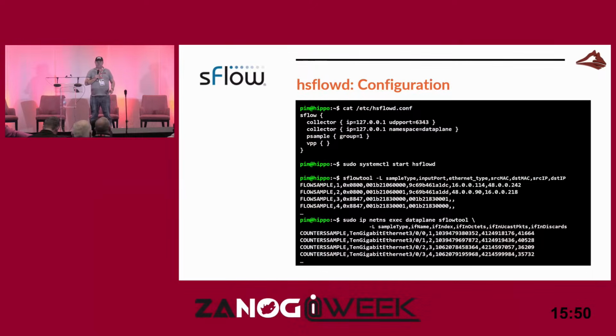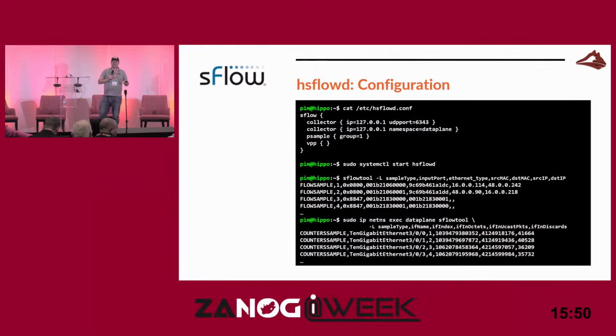So then the sFlow D, that's the third component here that we have to configure, is the daemon that runs just on the Linux side. And I'm going to send collection samples here to 2 destinations. One will be localhost on this UDP port 6343, which is the default sFlow port, and then a second collector sending datagrams also to localhost, but in a different namespace.